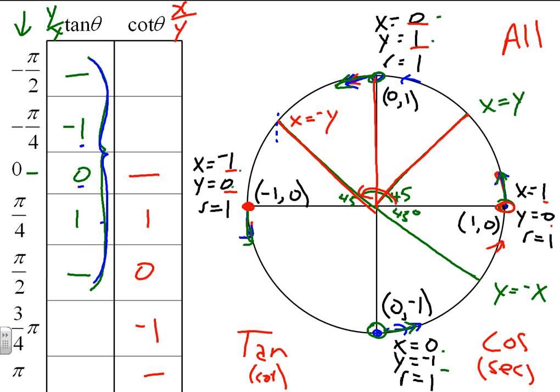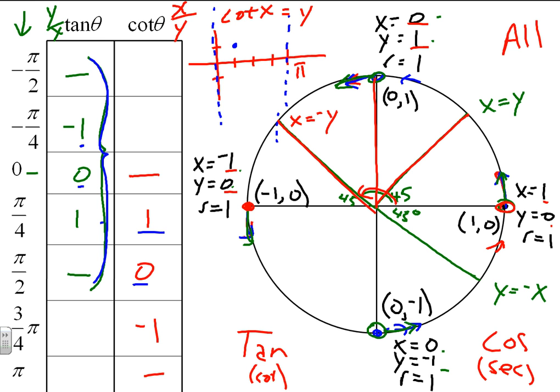So our cotangent graph I might define as being, let's go one more tick mark here, asymptotal at 0 and pi. At pi on 4, we're up 1.